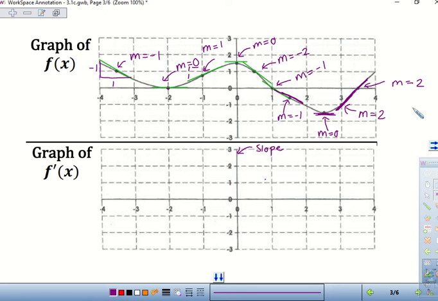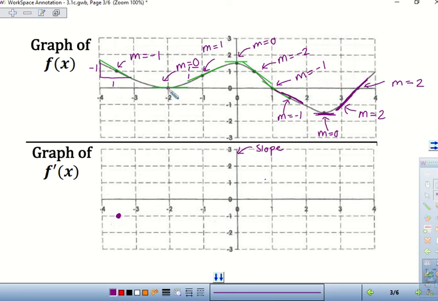Now that we've estimated the slopes at a bunch of points, we're going to talk about how we can graph this. You can write it out as coordinates if it makes more sense to you, but you don't have to. We estimated at -3.5 that the slope is -1, so we plot at -3.5, -1.